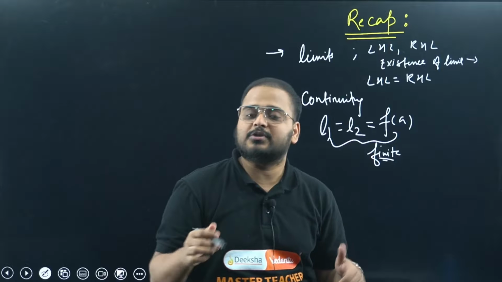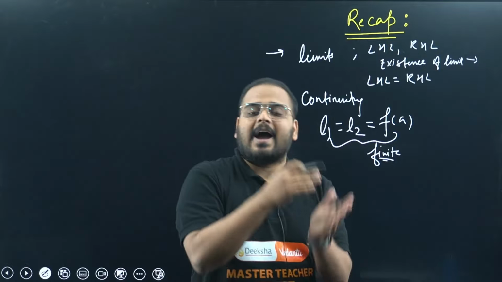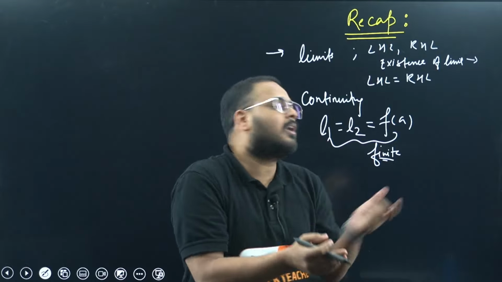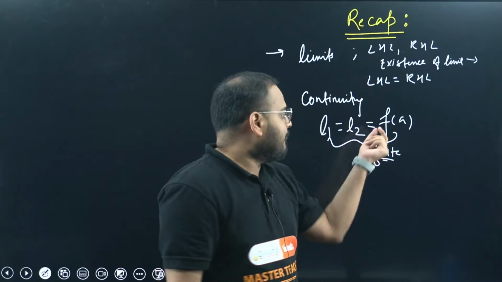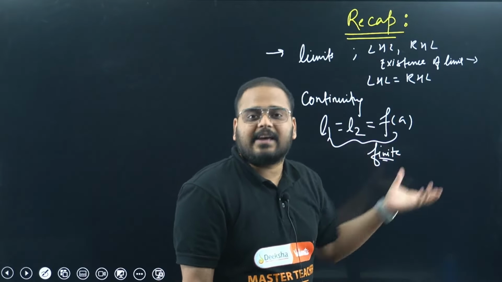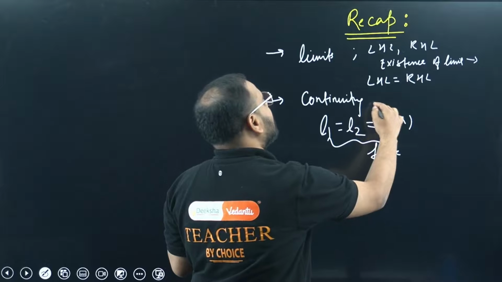Simplifying, the limit should exist, and that limit should be equal to the function's value at the same x equals a. When that happens, I can say the function is continuous.